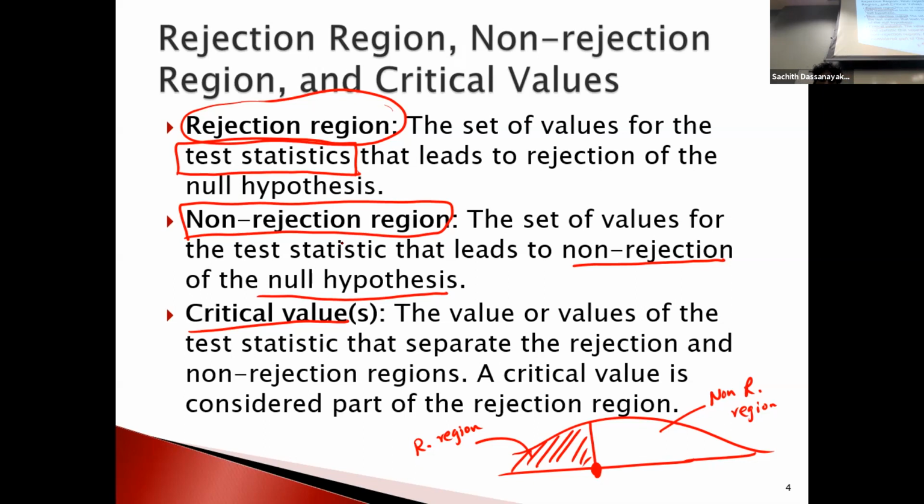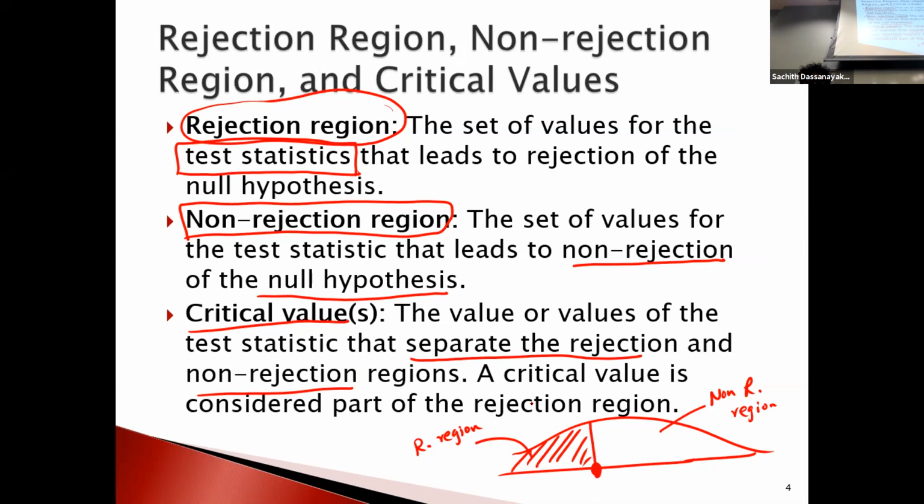I'll explain why, at what time we can get one critical value and at what time we can get two critical values. So critical values are the values of the test statistic that separate the rejection and non-rejection region. The critical value is considered part of the rejection region.